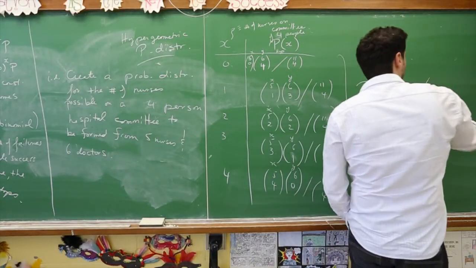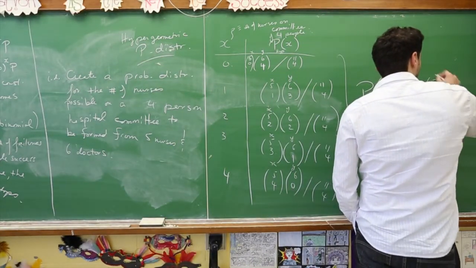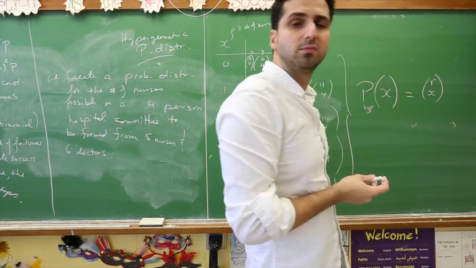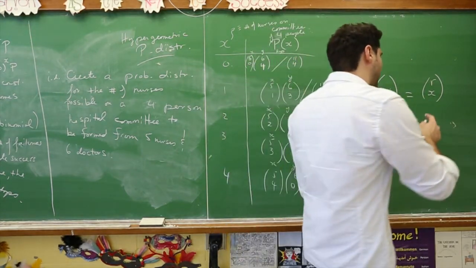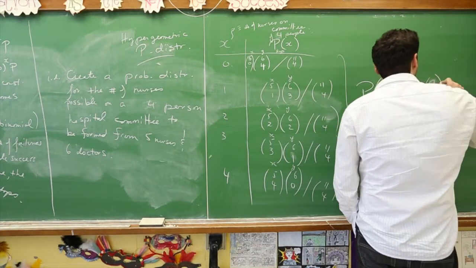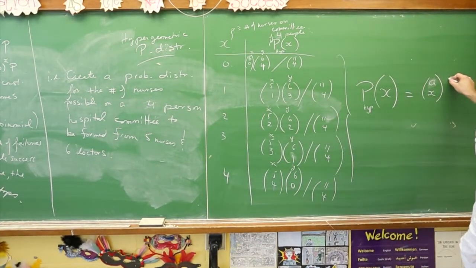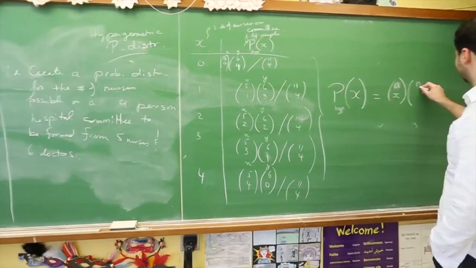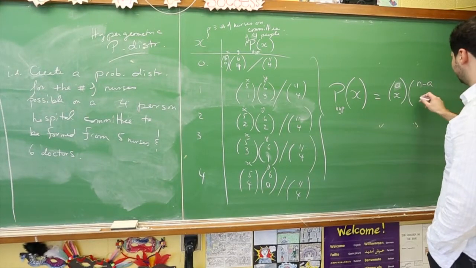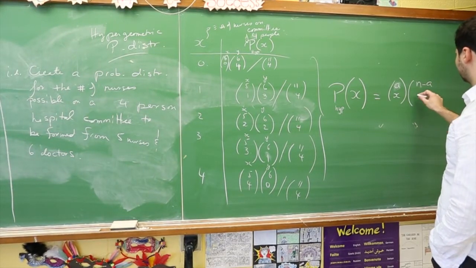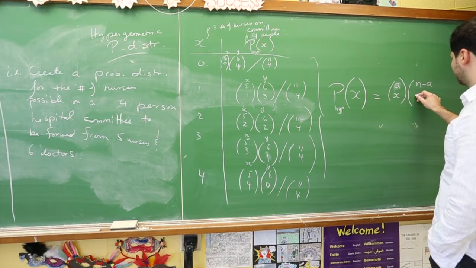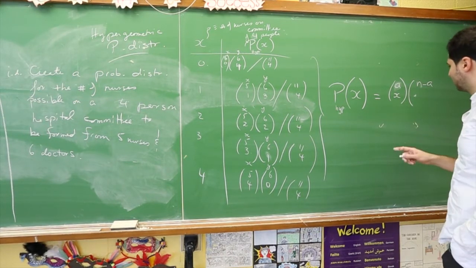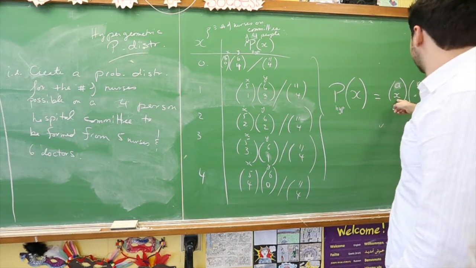So do they start out with like an R choose X? No, A choose X. Okay, so they use A. If they use A, then I'm assuming they're going to use N minus A, and then they'll probably make this R minus X. Yeah, R minus X. Okay, X is the total number of successes.